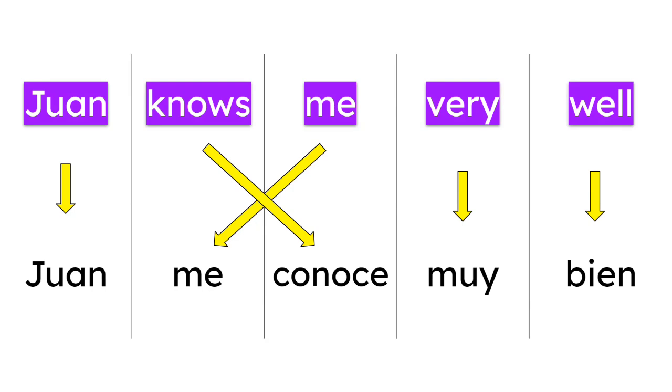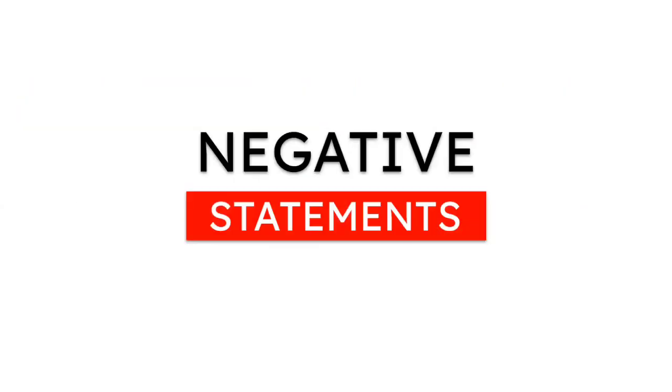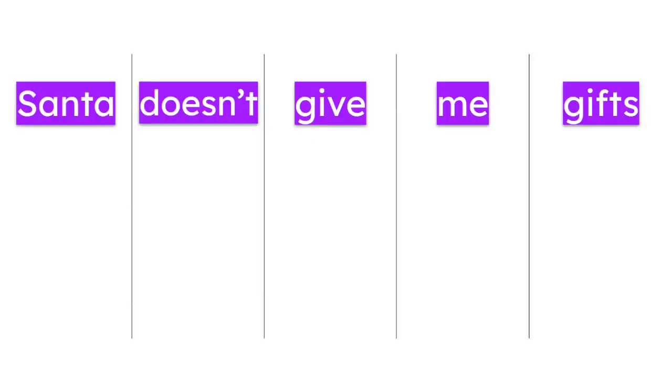Okay, nice. Perfect. Now let's move on to the negative statements. For a negative statement, we just add no. So, Santa doesn't give me gifts because I was a very bad kid. Santa doesn't give me gifts.